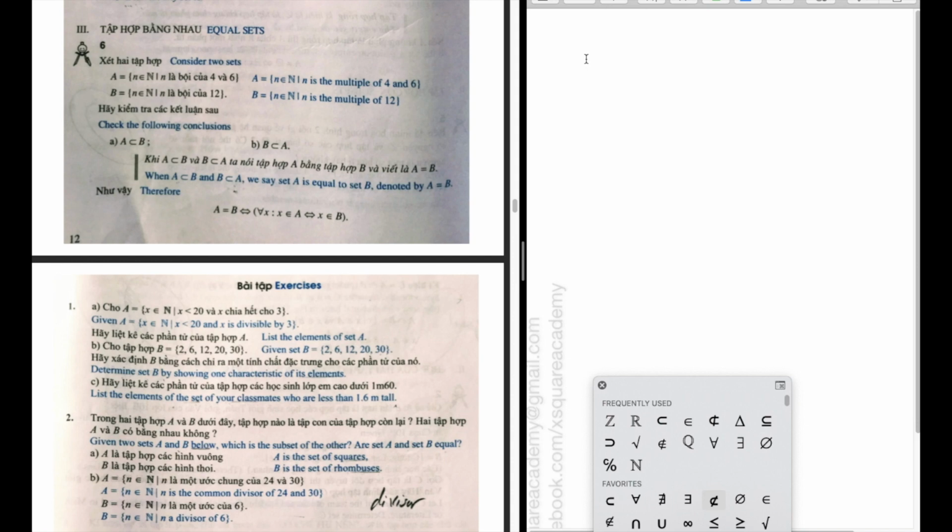So set A includes 12, 24, 36, 48, etc. And set B equals curly bracket 12, 24, 36, 48, etc. We consider 12 is an element of set A, and it is also an element of set B too.